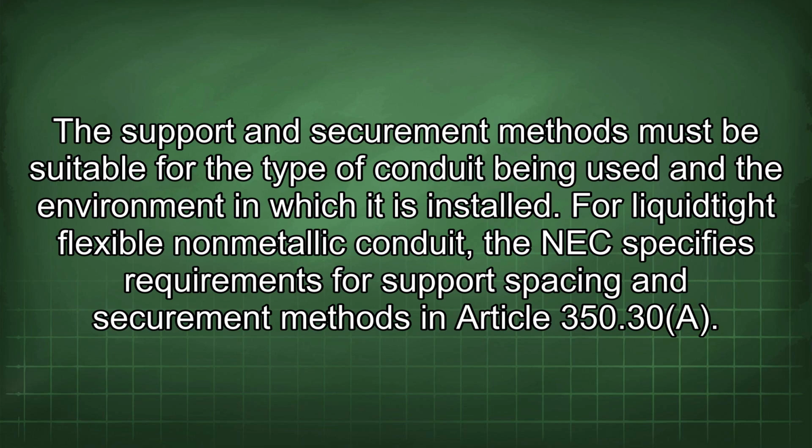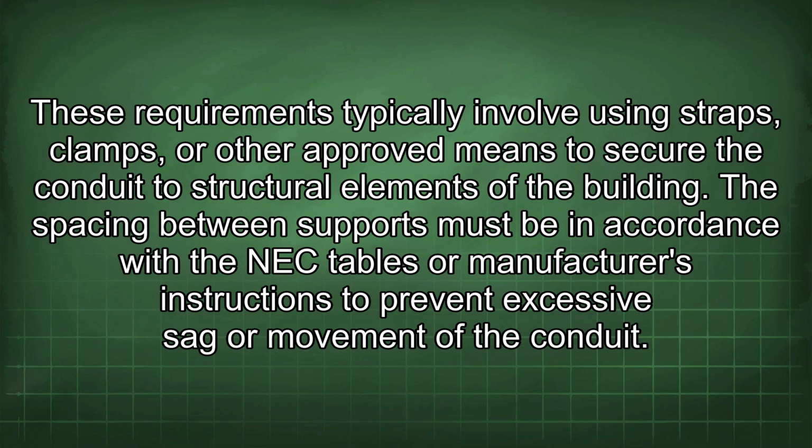For liquidtight flexible nonmetallic conduit, the NEC specifies requirements for support spacing and securement methods in Article 350.30a. These requirements typically involve using straps, clamps, or other approved means to secure the conduit to structural elements of the building. The spacing between supports must be in accordance with the NEC tables or manufacturer's instructions to prevent excessive sag or movement of the conduit.